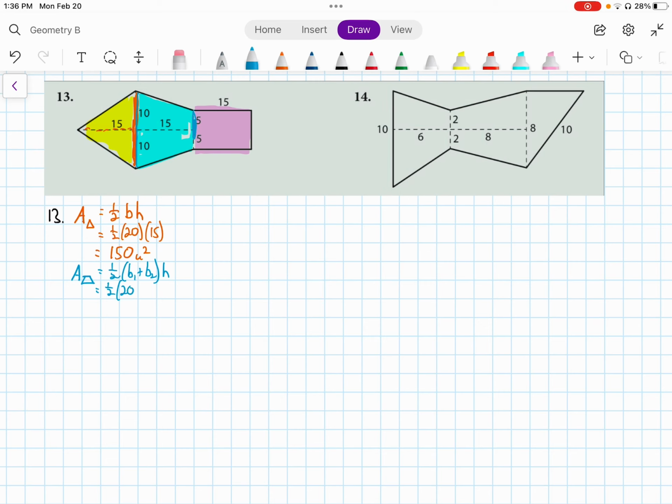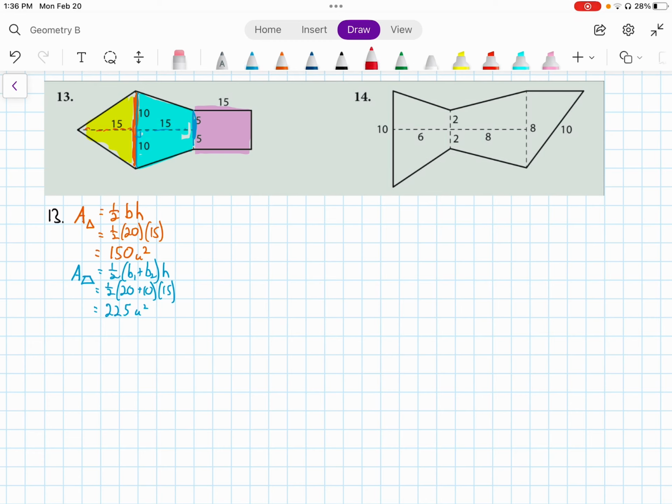The other base is 10. It's 30. And then the height, it's perpendicular, so that's 15. 20 plus 10 is 30. Half of 30 is 15, and 15 times 15 is 225 units squared. Obviously, you can do that a little bit slower if you need to.